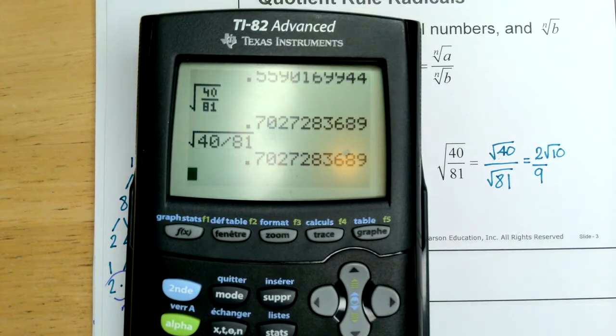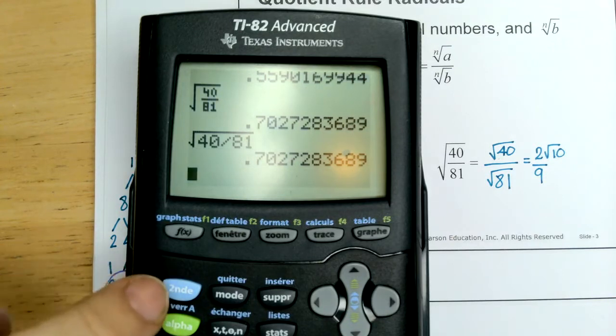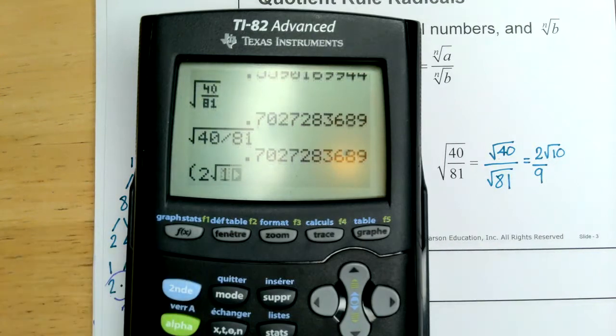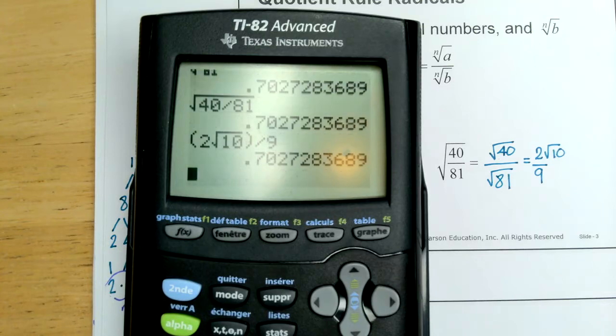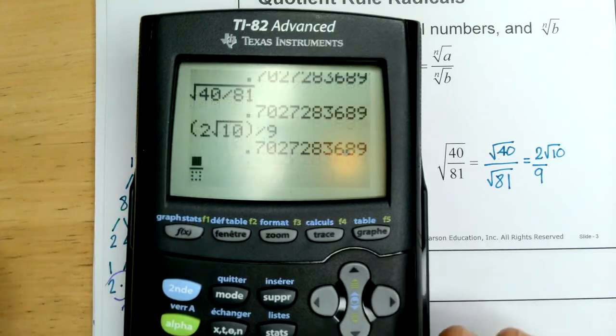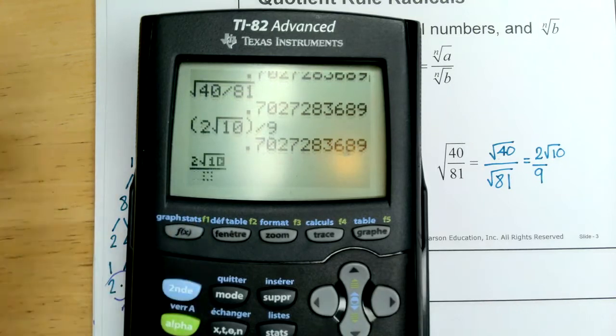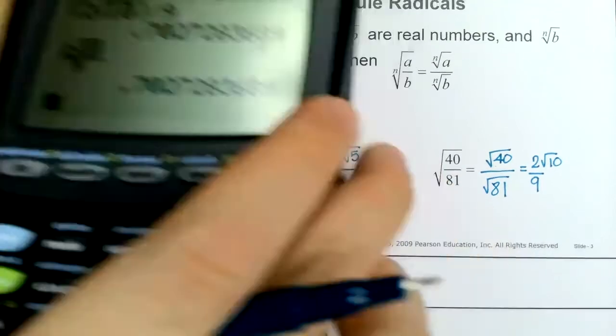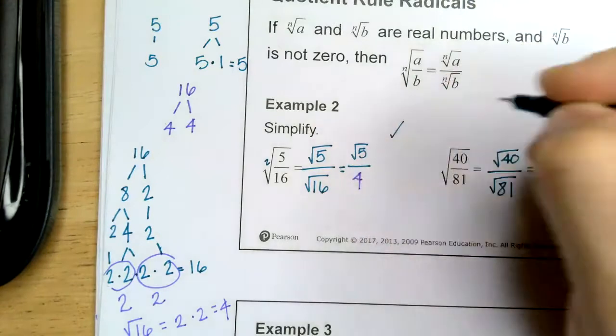Is the same as 2 square root of 10 divided by 9. Or 2 square root of 10 over 9. So we know those are correct.